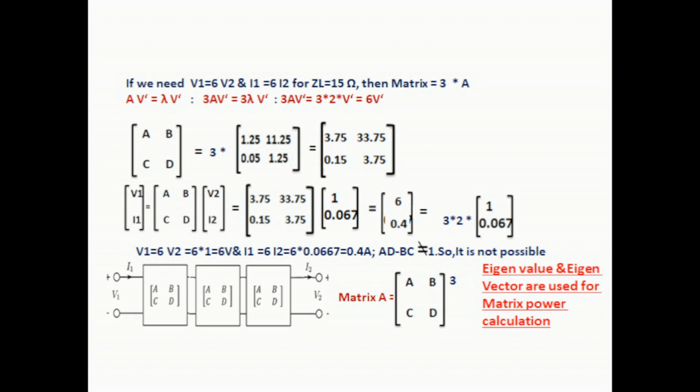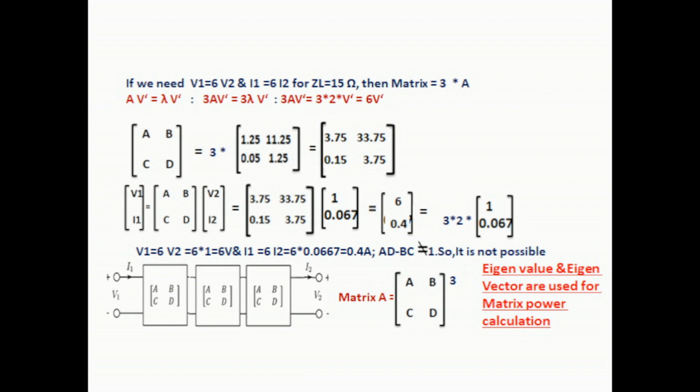So ABCD equal to 3 into 1.25, 11.25, 0.05, 1.25 equal to 3.75, 33.75, 0.15, 3.75.